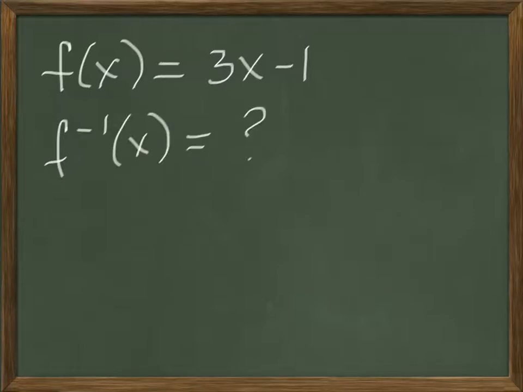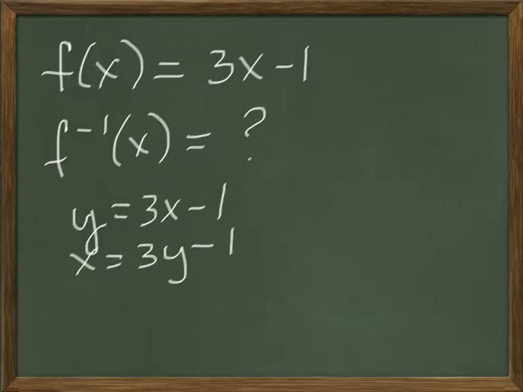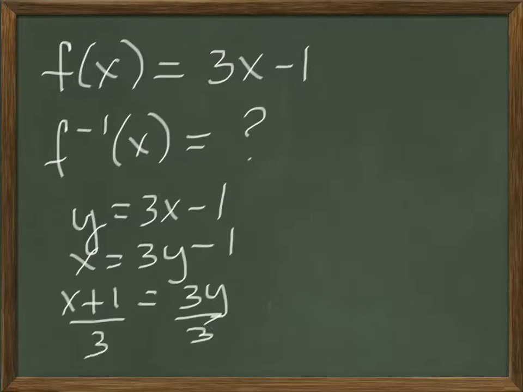So we would start by replacing the f of x with y and following the same steps, exchange the x and y, and then solve for y by adding 1 to both sides and then dividing by 3. This would give us our inverse.